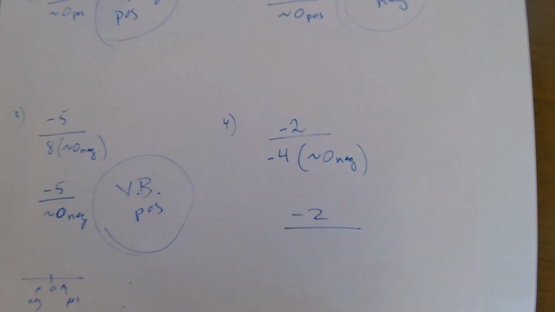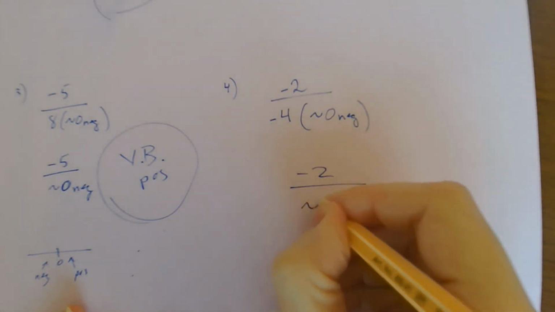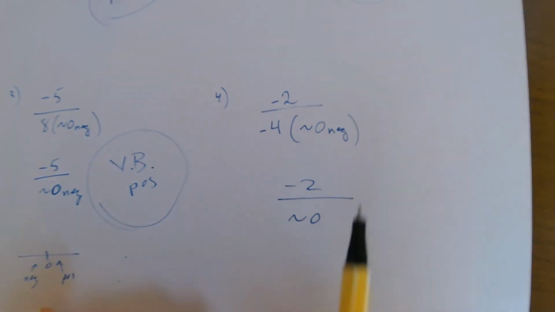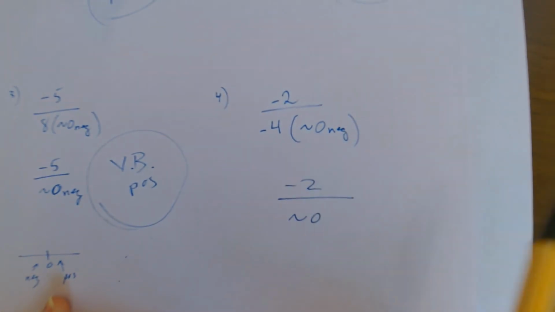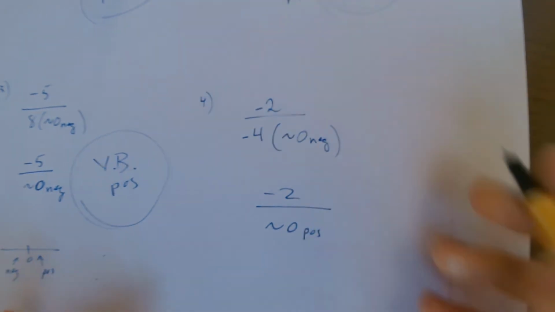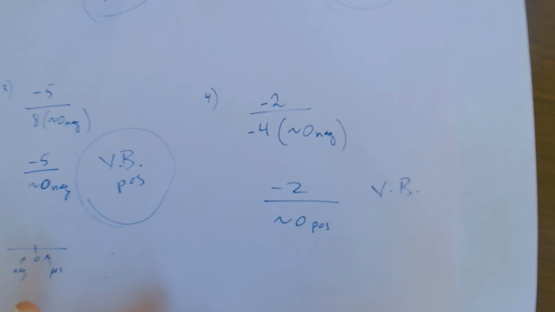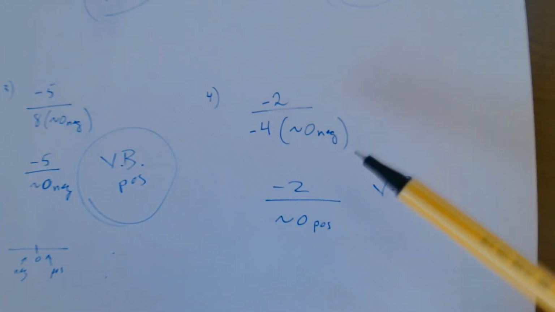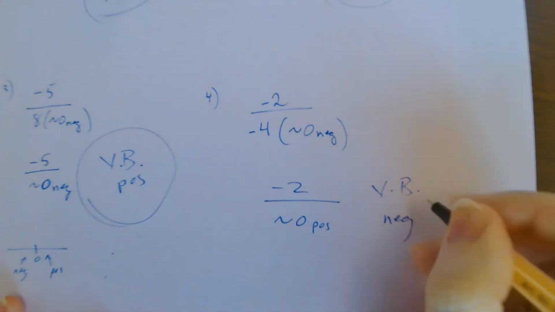So -4 times about 0 is about 0. But a negative times a negative is a positive, so this is about 0 positive. So we know this is a very big number. So it's a very big what kind of number? A negative divided by a positive is a negative. So this is a very big negative number.